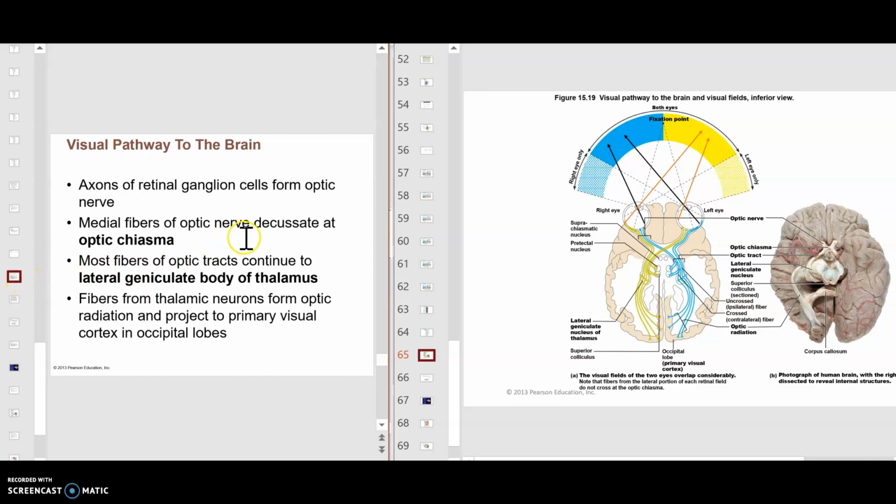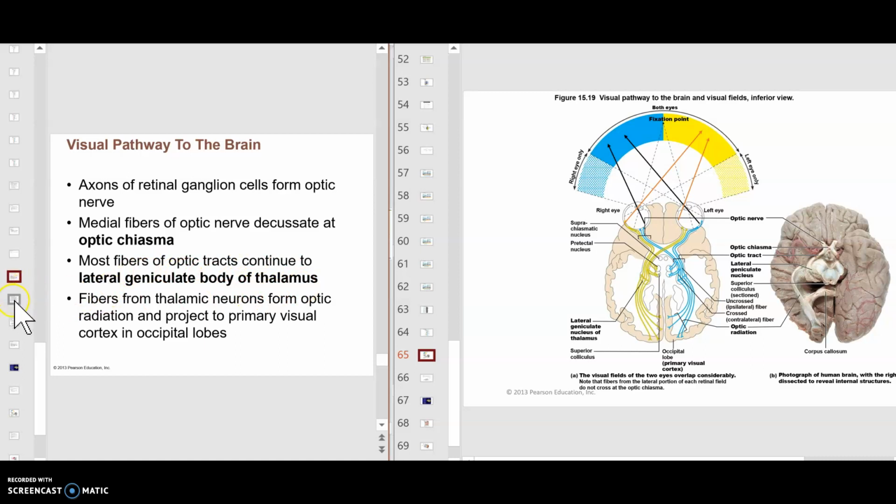So the axons of the retinal ganglion cells, okay, from the nerve, those ganglion cells we talked about, medial fibers decussate, which means cross over, at the optic chiasma. Most fibers on the optic tract continue to the lateral geniculate nucleus of the thalamus.